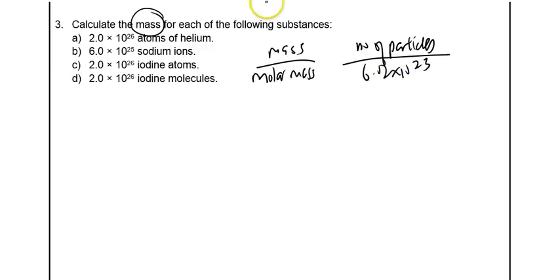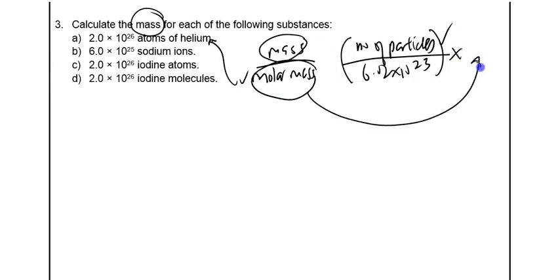So we are given the number of particles, and we know the molar mass because we know what the substance is, which means that I can calculate mass simply by doing this multiplied by the molar mass, and I will have the mass of the substance.